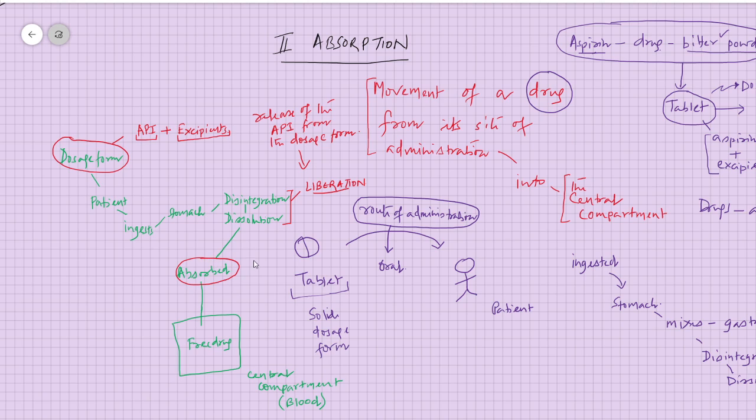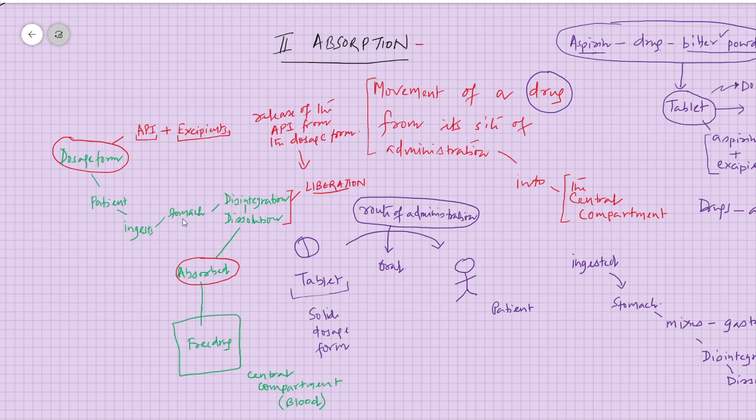So what is absorption? Absorption is the movement of a drug from its site of administration into the central compartment. And what is the central compartment? It is blood. This process is called absorption. Okay, so let's repeat it again. A patient consumes a dosage form.